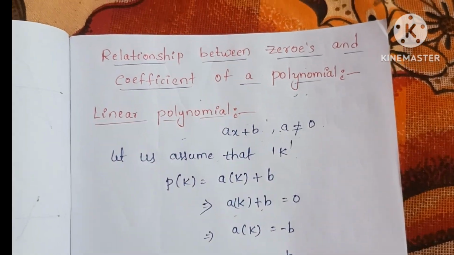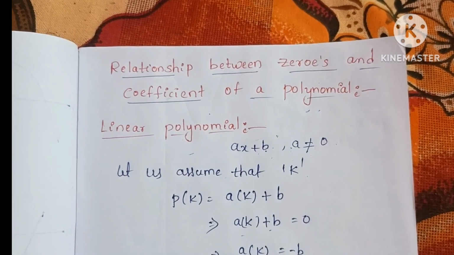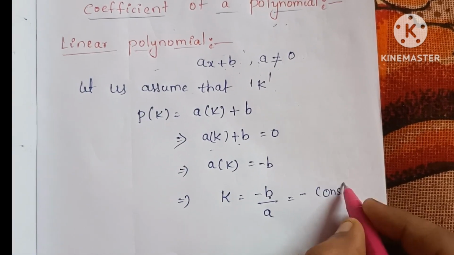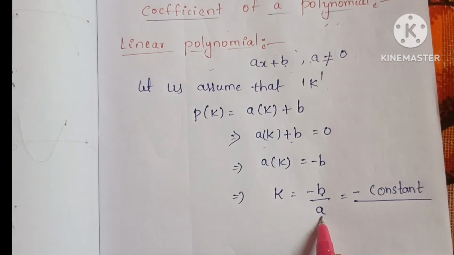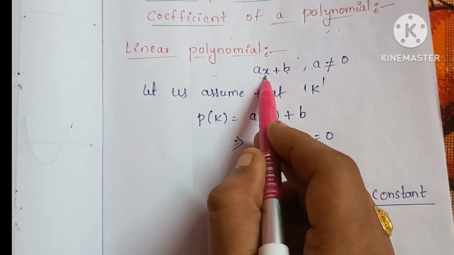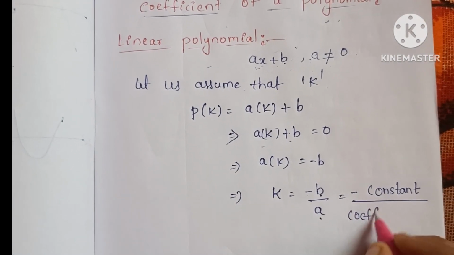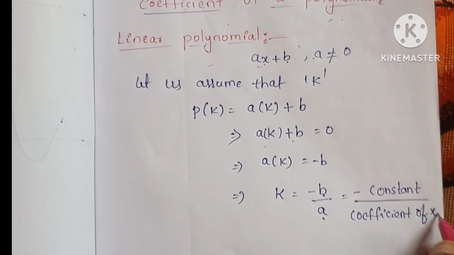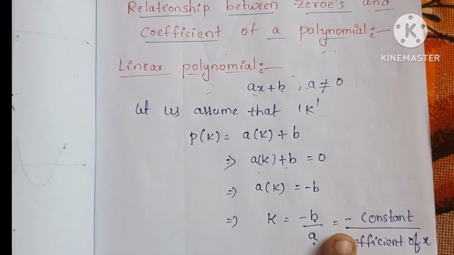Here b is the constant, so minus of the constant, divided by a, which is the coefficient of x. So k equals minus b by a is the zero of the polynomial.